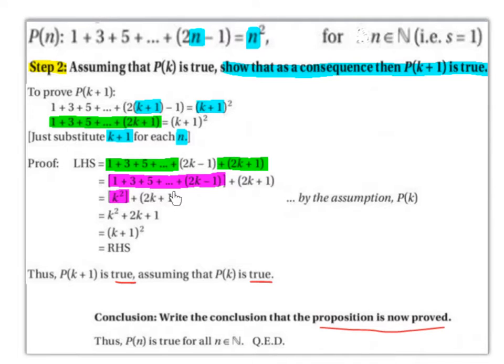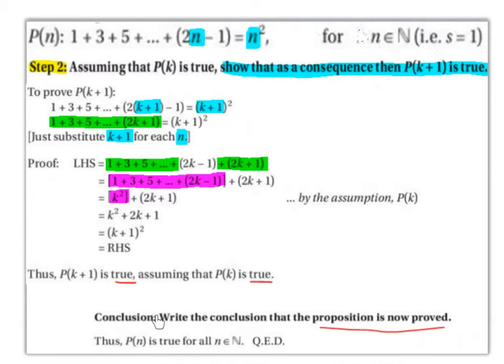So now we just simplify, so we get rid of the brackets. So we have k squared plus 2k plus 1. We can factorize, which will give us k plus 1 multiplied by k plus 1, which is k plus 1 squared. And k plus 1 squared is the right-hand side, which is here, k plus 1 squared. So thus, P of k plus 1 is true, assuming that P of k is true.